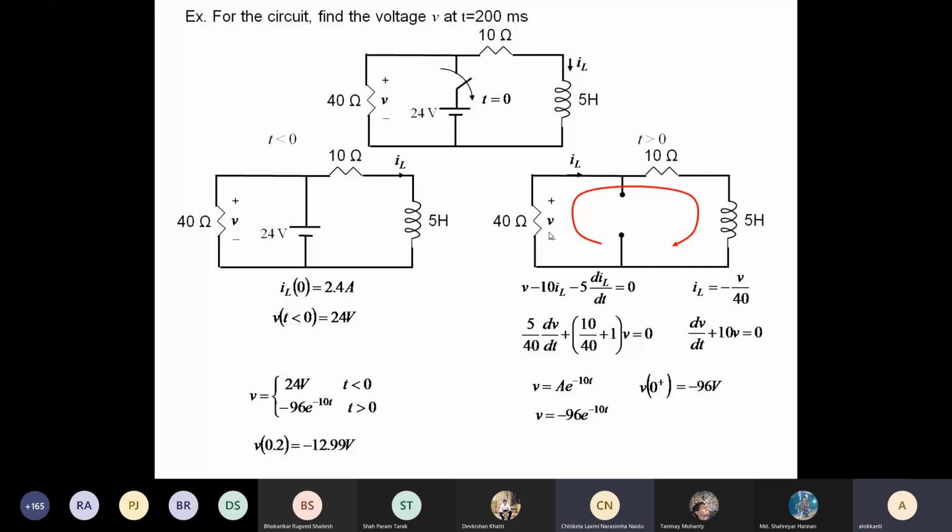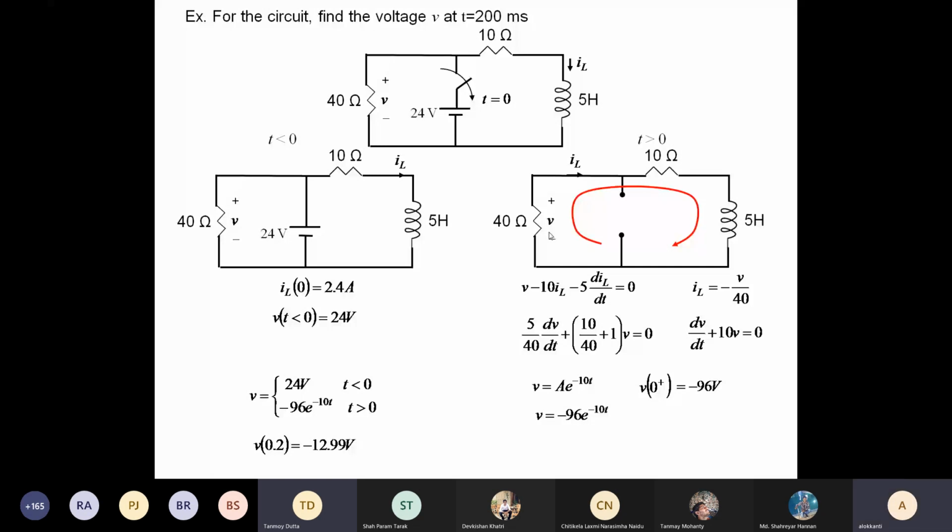Again, who can explain? Somebody can explain. Sir, initially the voltage was being measured from top to bottom, but right now the current suddenly changed direction as soon as the switching was done. So now it is going in the opposite direction from which V was measured. So it's negative.